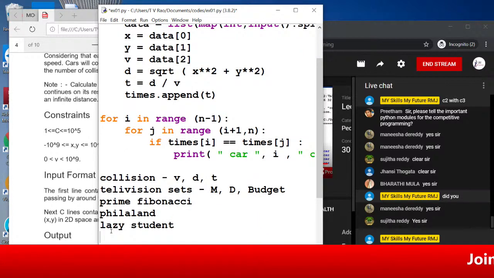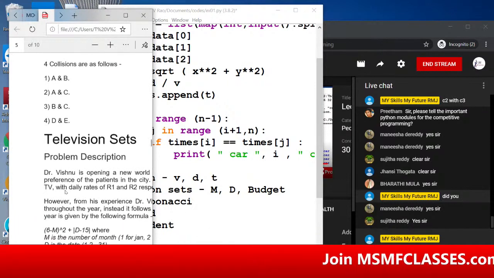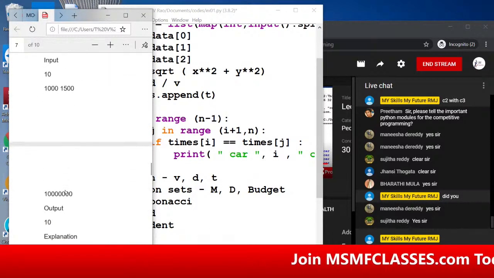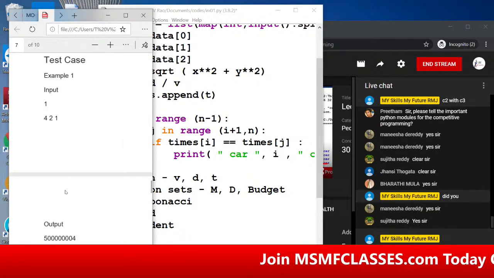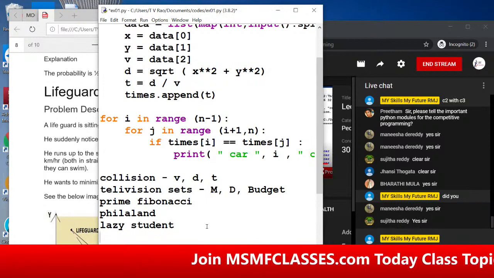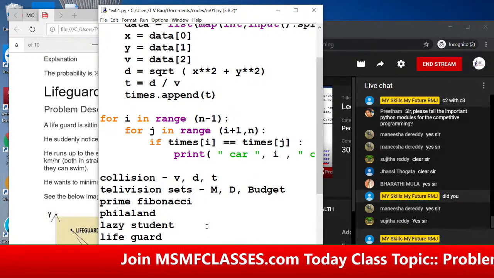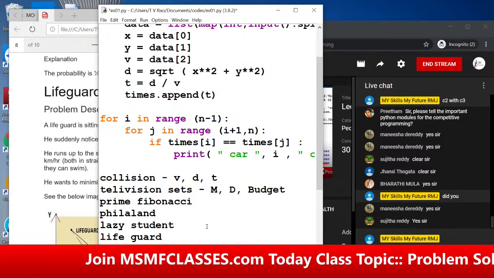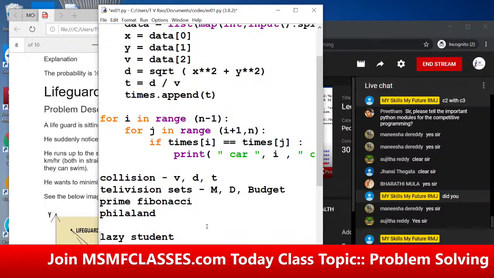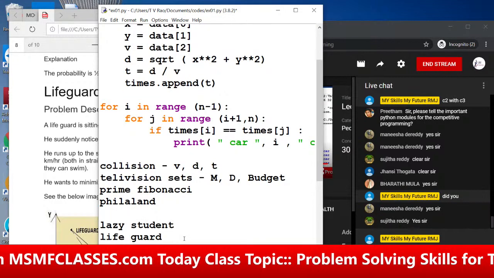What is the other one? Lazy student and television sets. Lifeguard problem. We will solve these two tomorrow, and we are going to solve one more problem called monkey groove.